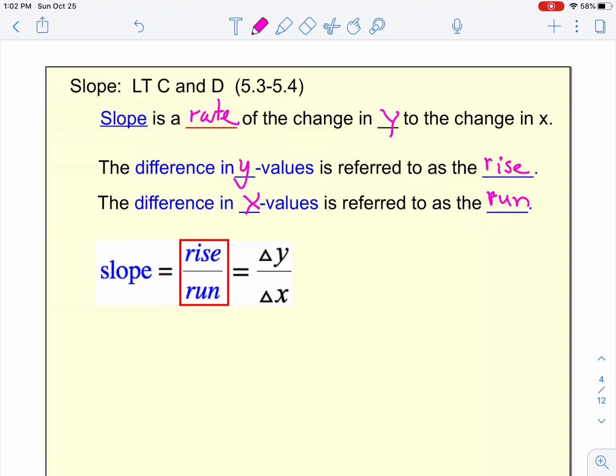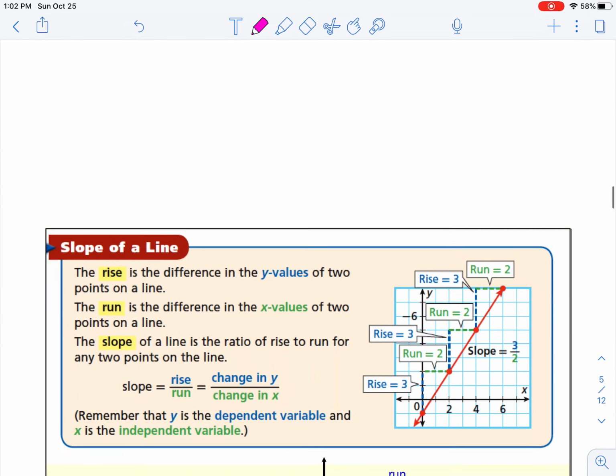So this is something you probably worked on before, but slope is rise over run. This symbol right here refers to change. So that represents change in y, compared to the change in x. All right.